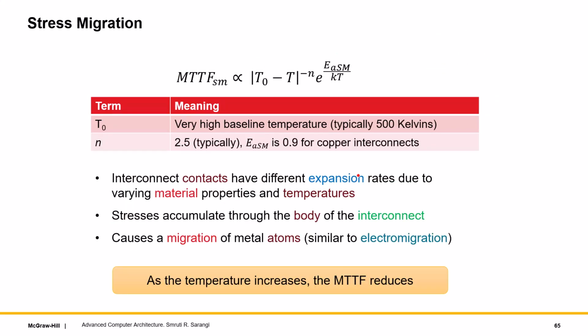Stress migration is a similar idea, but of course here it is not for wires, it is for contacts. When an interconnect is making a contact, either with the IO pins or with other on-chip structures, the different parts of the contact could have slightly different materials, so they will have different thermal expansion and contraction rates.